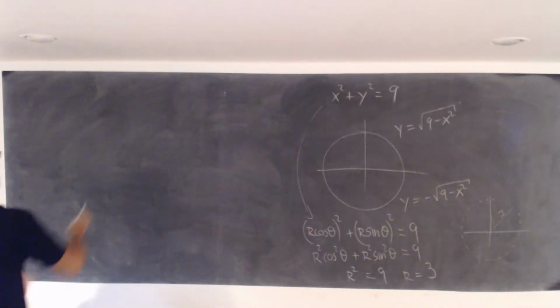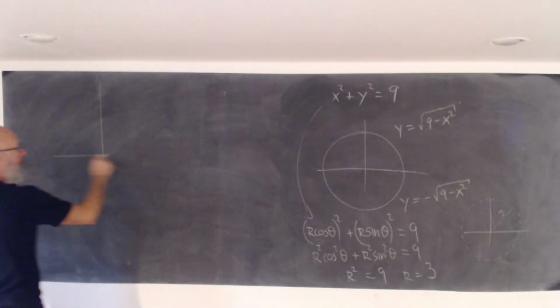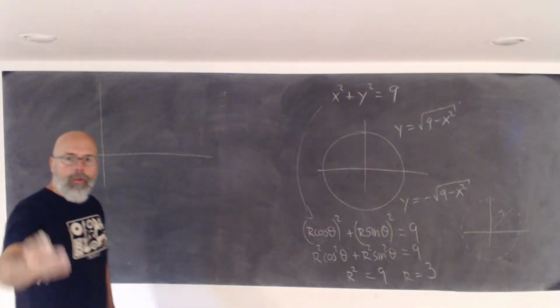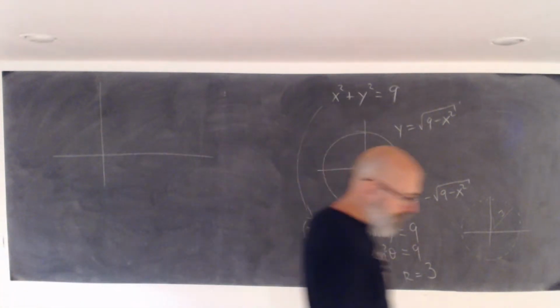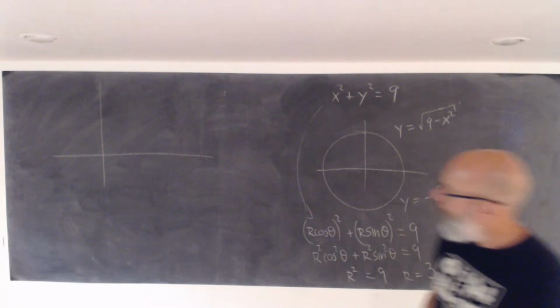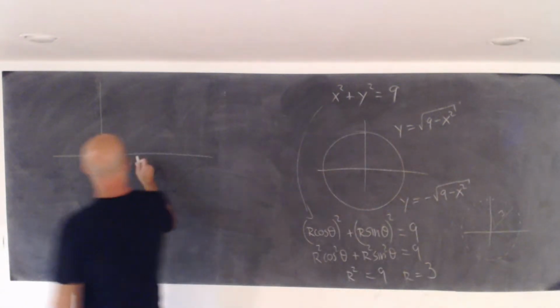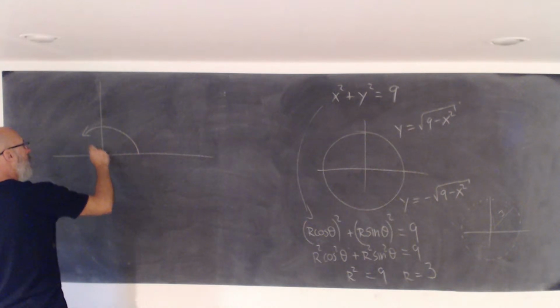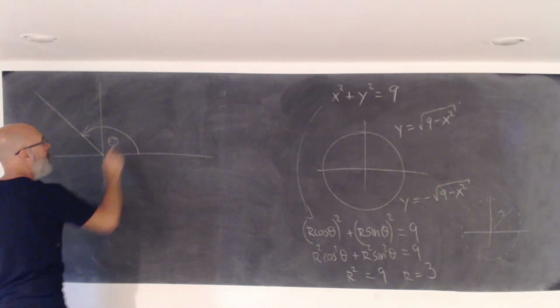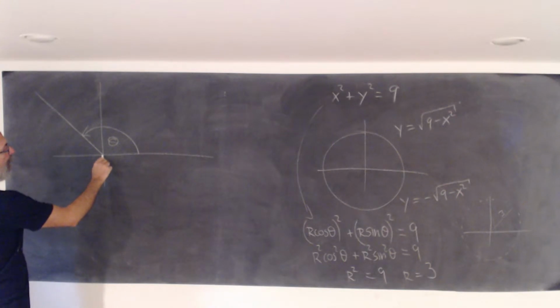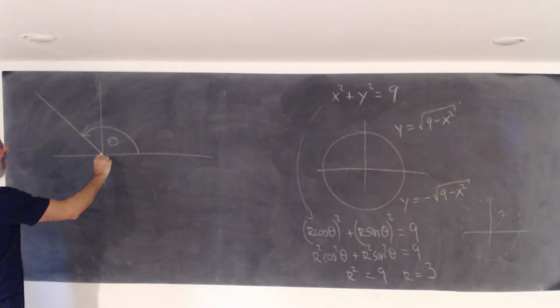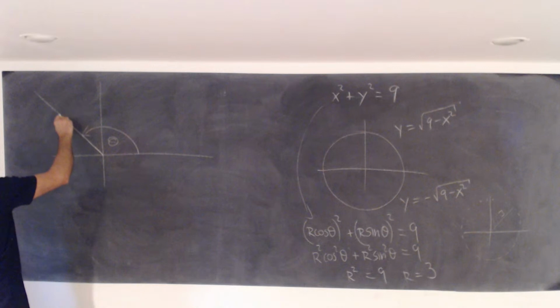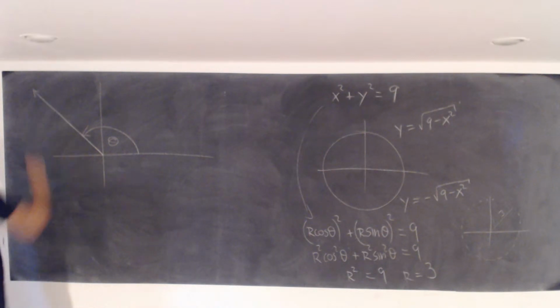So Yishen's question is, is the radius always positive? If we fix a value of theta, then this would be the positive r direction.